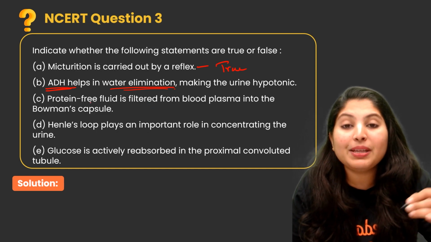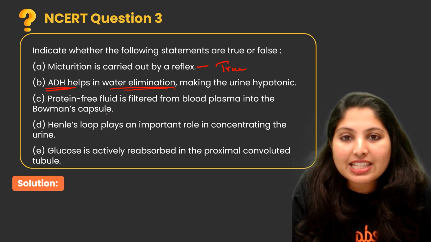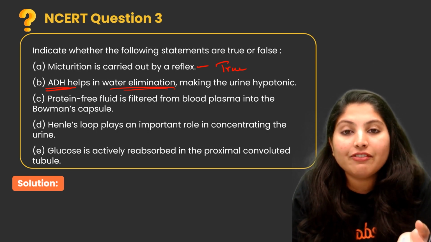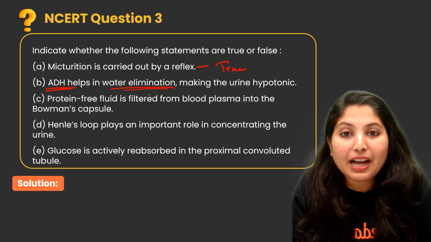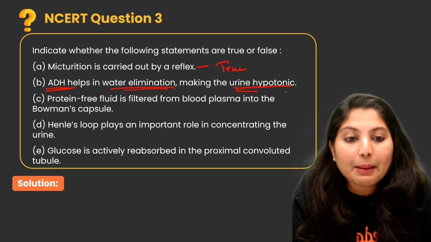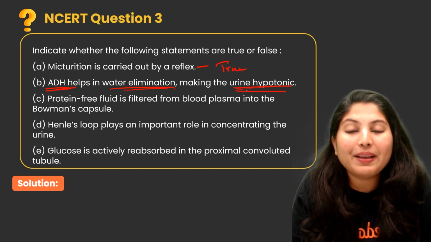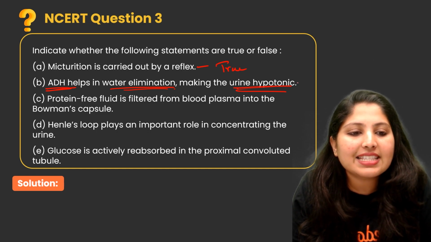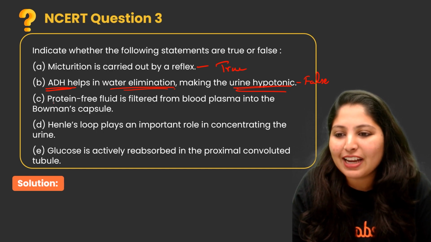When the elimination of water takes place, the urine becomes concentrated. The concentration of the urine becomes more and more. So finally, the urine becomes hypertonic. It's not hypotonic, it becomes hypertonic. Hence, this is false.